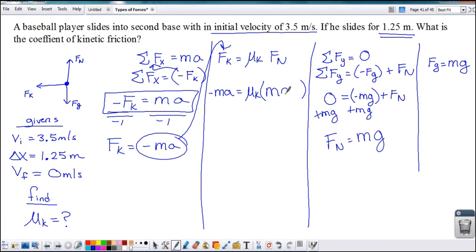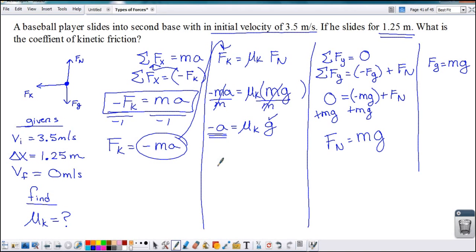Place that over here. And now I'm ready to start solving. What you're going to notice is first, there's a mass on both sides. If I divide both sides by the mass, simply cancel that out. So negative acceleration is equal to the coefficient of kinetic friction times the gravity. I know this is 9.81 newtons per kilogram. I still don't know this acceleration.